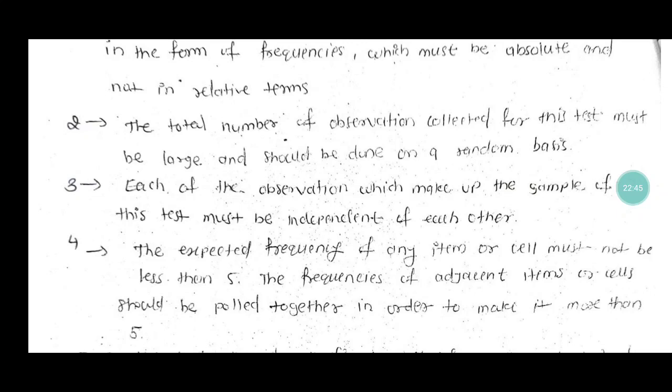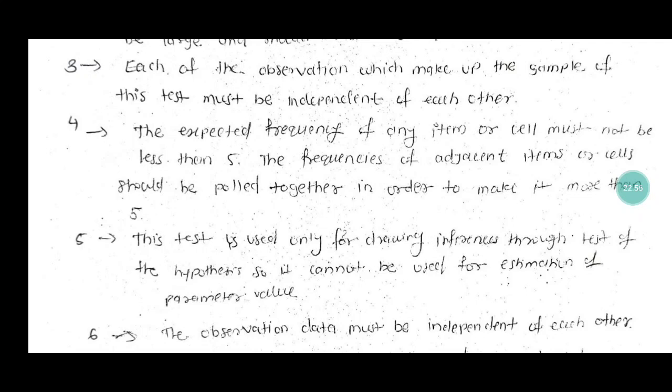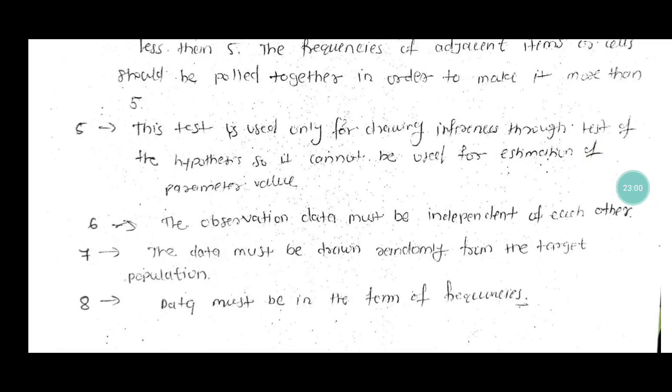The observations must be independent of each other, and the expected frequency of any item or a cell must not be less than 5. So the frequencies of adjacent cells may be pooled together in order to make it more than 5, and the data must be in the form of frequencies.